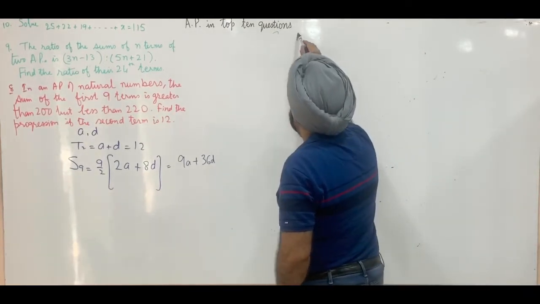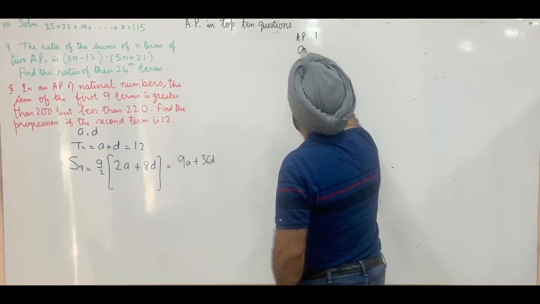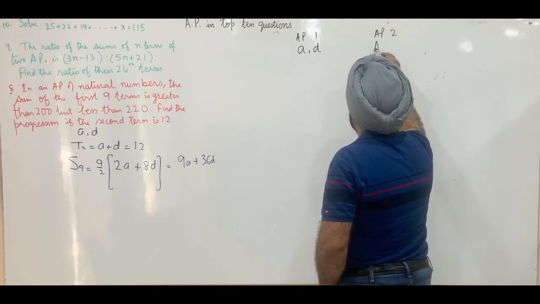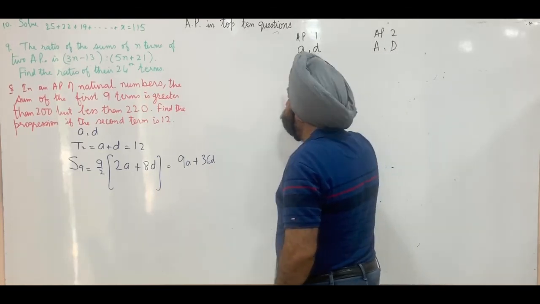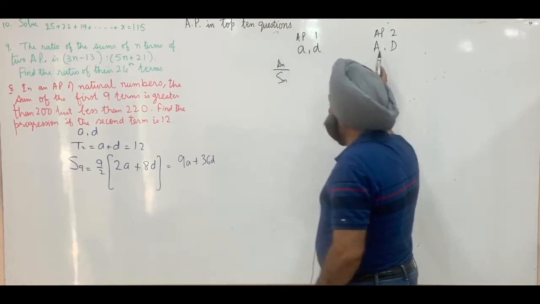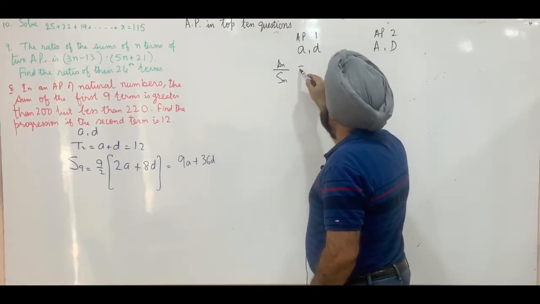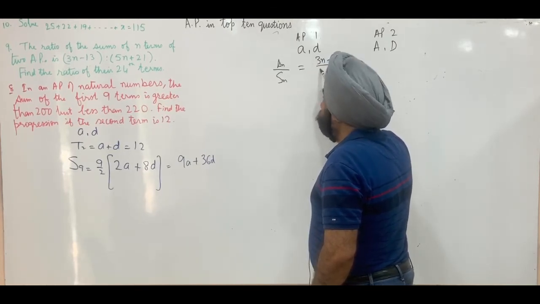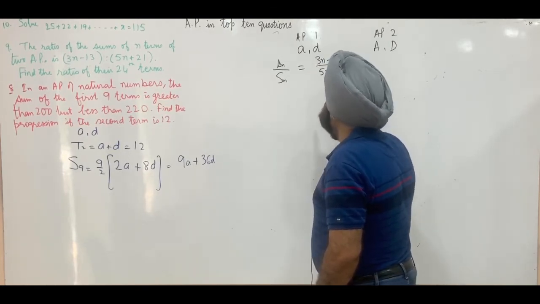So let us say we have the first AP with first term a and common difference d, and the second with first term capital A and common difference capital D. The ratio of the sum of n terms of this to the sum of n terms of this is given as 3n minus 13 upon 5n plus 21.